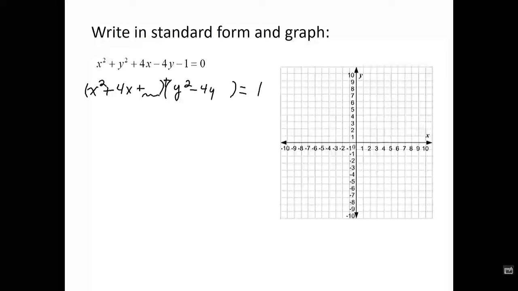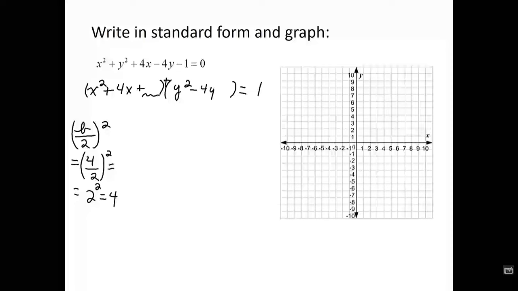As you may recall, we complete the square by determining (b/2)². b is the coefficient of the x term, so this is going to be (4/2)², that's 2² is equal to 4. So to complete the square on x, we're going to add 4.